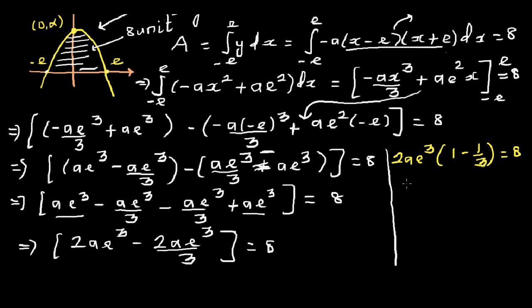So 2 times 2/3 is 4/3, so 4ae cubed divided by 3 is equal to 8.